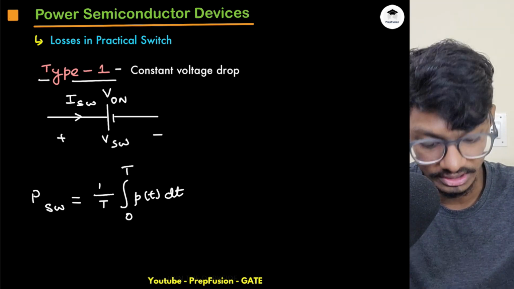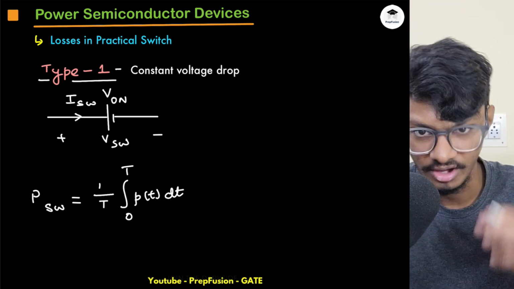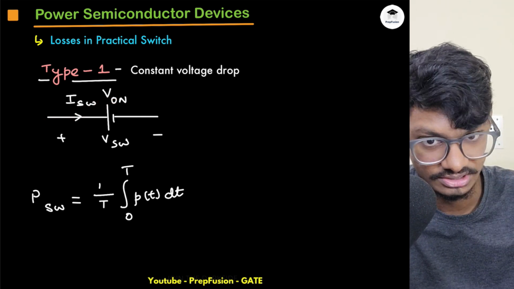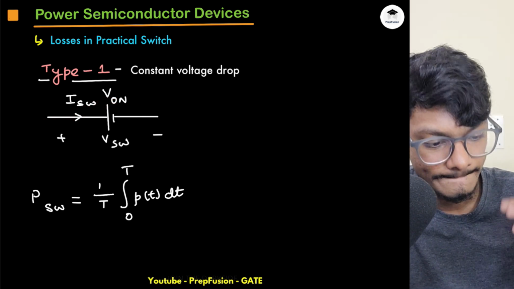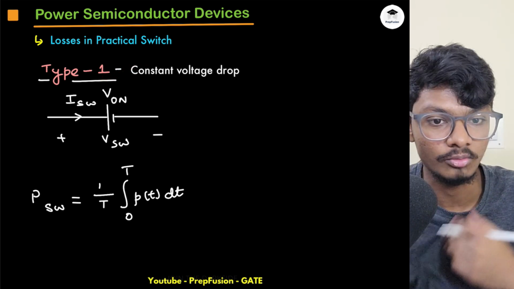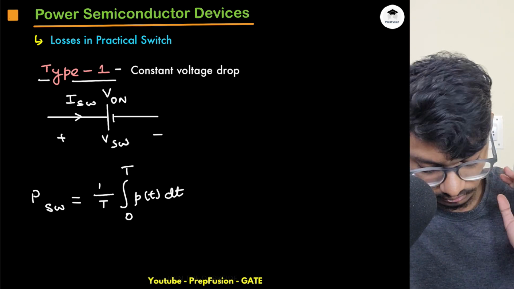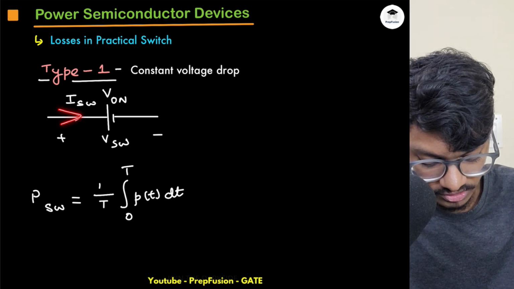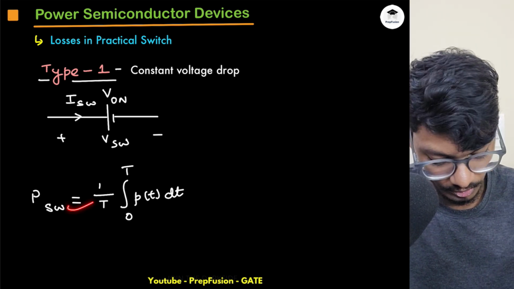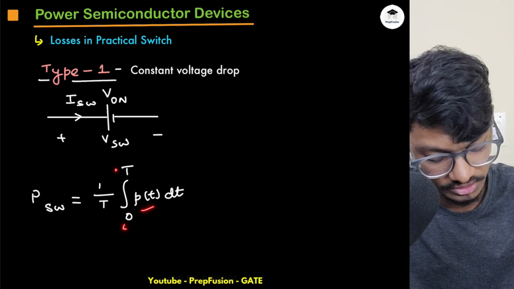So this is the first model, that is a constant voltage drop. If you have studied the diode, we can replace the diode with a voltage drop, we can replace the diode with a resistor, and also we can replace the diode with a piecewise linear model. So for a constant voltage drop, what will be the power loss? If some I switch current is flowing and it is in the on state, the power loss will be what? Basically P switch is 1 by T integration from 0 to T of P of t.